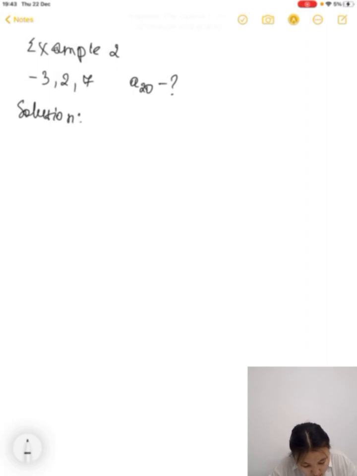Second example: minus 3, 2, 7 are the first three terms of an arithmetic sequence. Find the 20th term. Solution. We know that a sub 1 is equal to minus 3 and d is equal to a sub 3 minus a sub 2, which is equal to a sub 2 minus a sub 1, which is equal to 5.